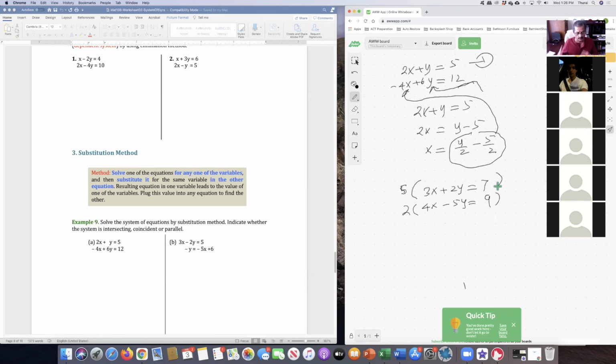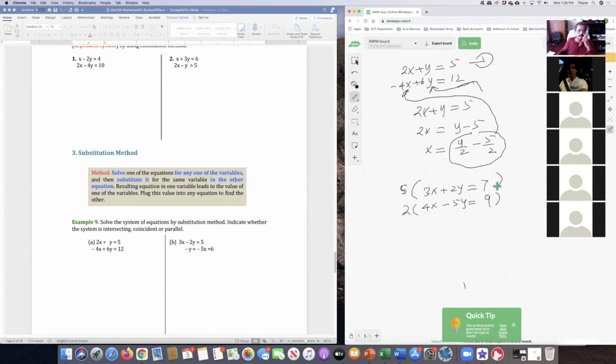Sometimes I say use elimination method, sometimes some problems will say use substitution method. Now I'm not going to be testing you that way anymore, because with the online test, I won't be able to ask you to type up all your work. It's too much typing. So you are allowed to choose any method you want to use.